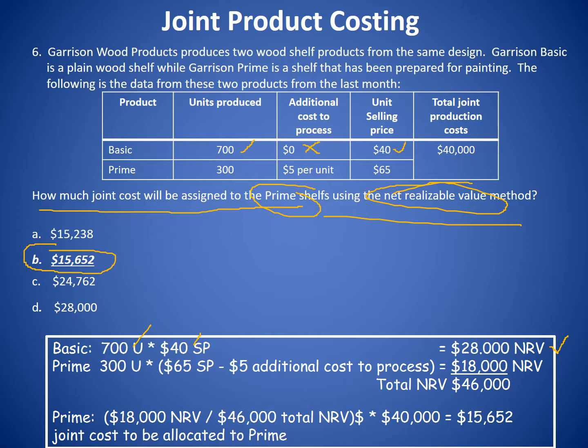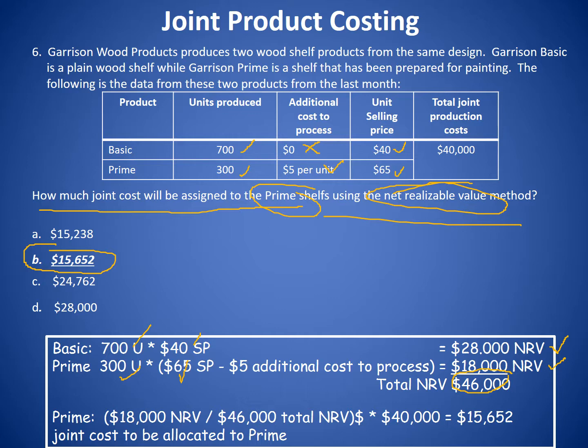In the case of Prime, we have 300 units produced times our market value is $65 a unit, less the $5 per unit additional to process, which is right here, the $5 per unit, meaning that the net realizable value on the prime shelves is $18,000. So the total net realizable value of our Basic and Prime is $46,000.